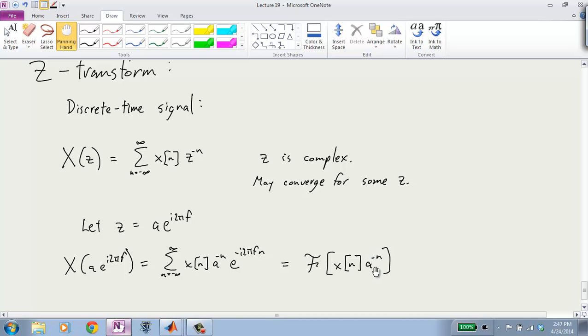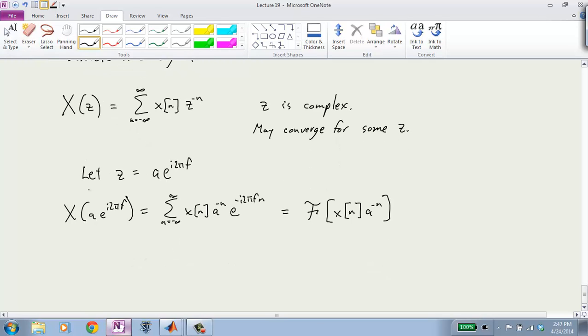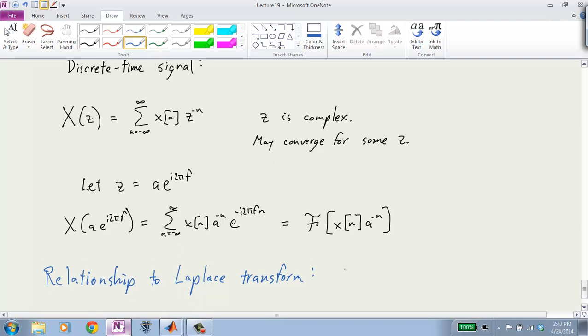The only difference is that we don't write it as e to the negative sn. We could have written that, and we could have said, so the relationship to the Laplace transform is that z equals e to the s.